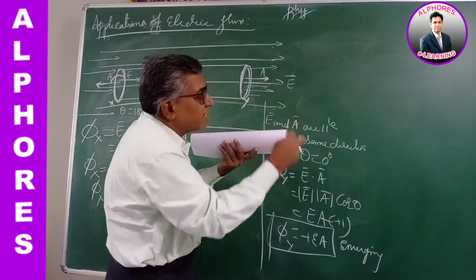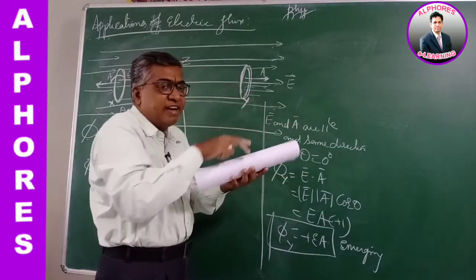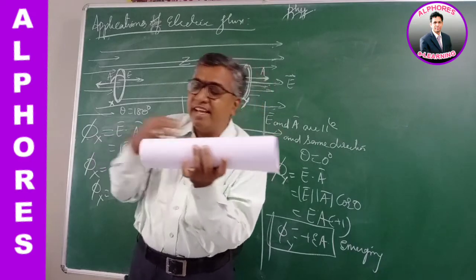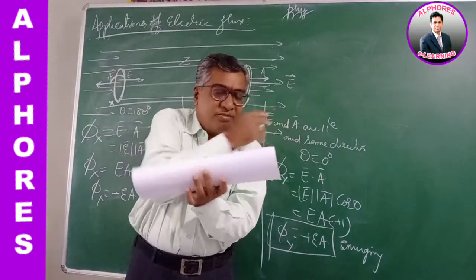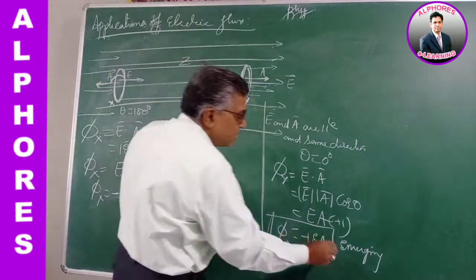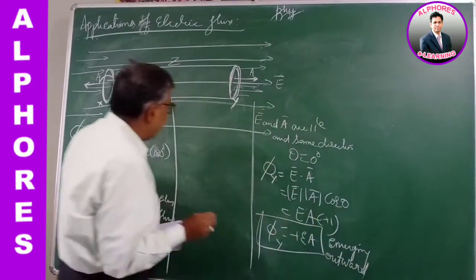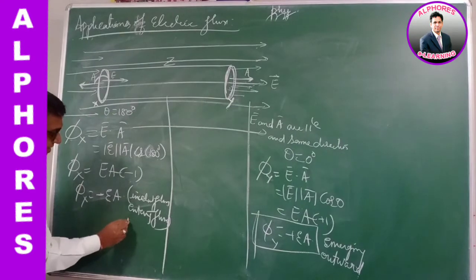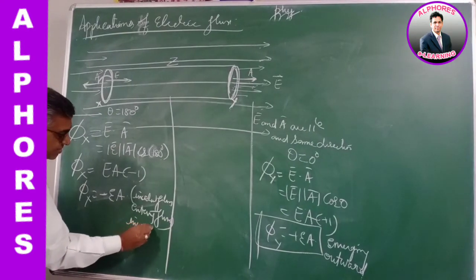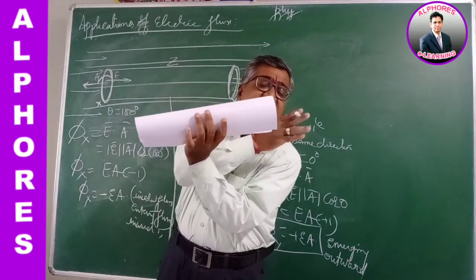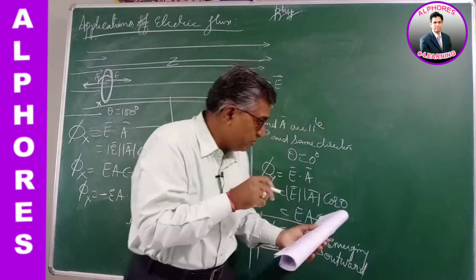Now another circular part, this circular part is Y. So here the lines of force are outward, coming out. This is outward flux. And here this is falling inside, this is inward flux. So here the lines of force are coming out of it, so positive, plus.